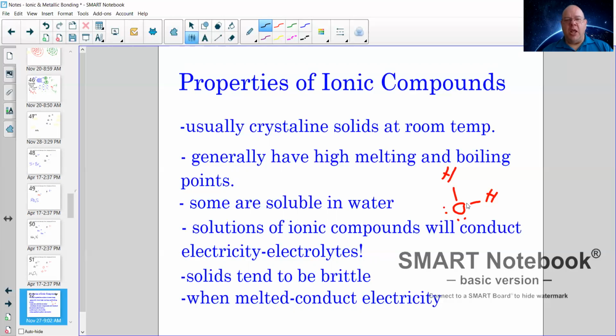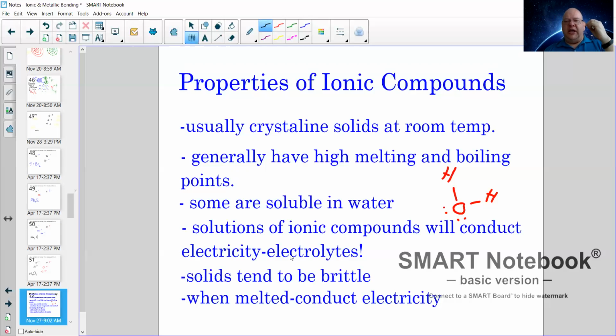Now, if you dissolve the ionic compound in water, then the solution has ions. It has charged particles that are able to move around in the solution, and that can conduct electricity. In order to conduct electricity, you have to have moving charges.